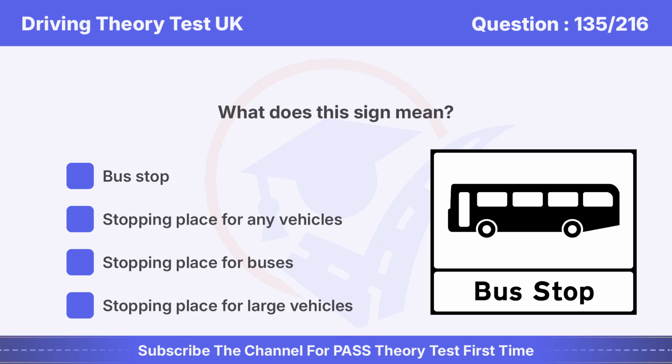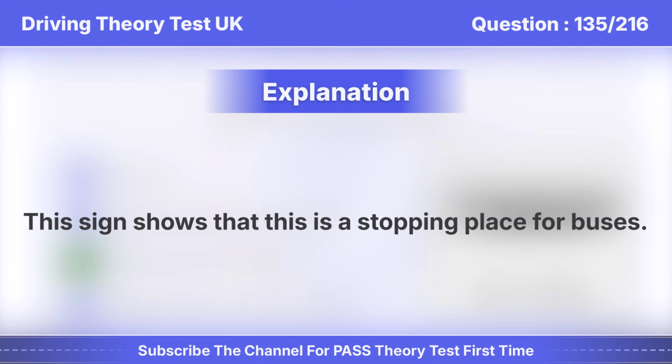Question 135. What does this sign mean? Answer is C. Stopping place for buses. This sign shows that this is a stopping place for buses.